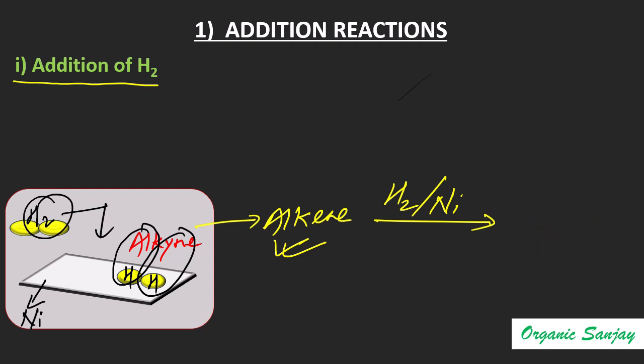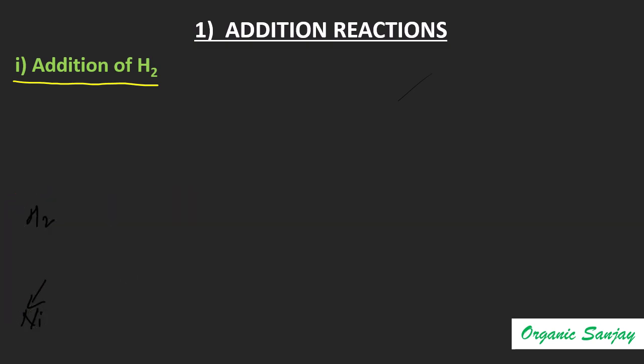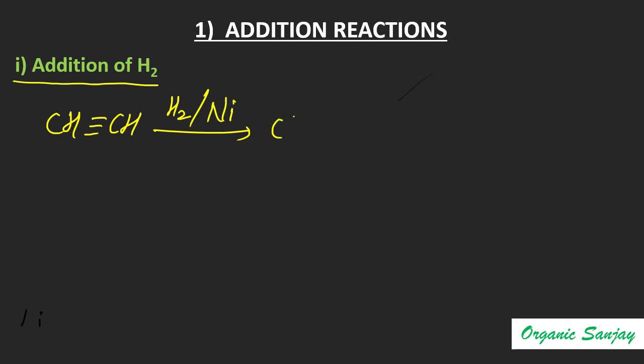Now let me give you an example of a chemical reaction, starting with ethyne, CH triple bond CH. When ethyne is passed on the catalyst surface containing hydrogen, it will first change into ethene.